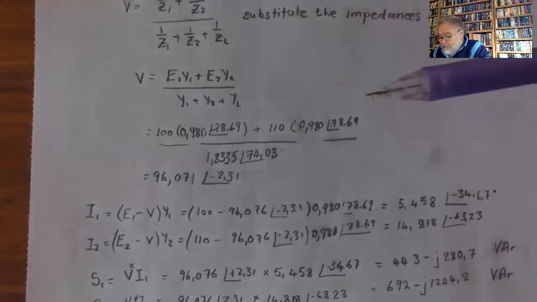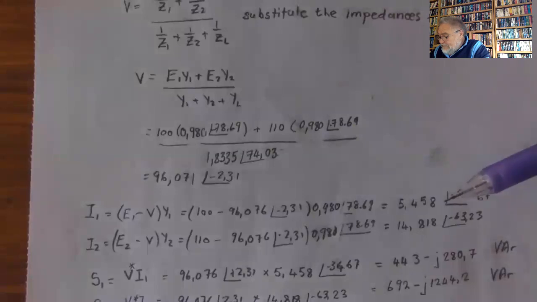I1 now is E1 minus V times Y1. That gives us a value of 5.458 angle minus 34.67, and I2 is E2 minus V times Y2. That gives us a value of 14.818 angle minus 63.23.